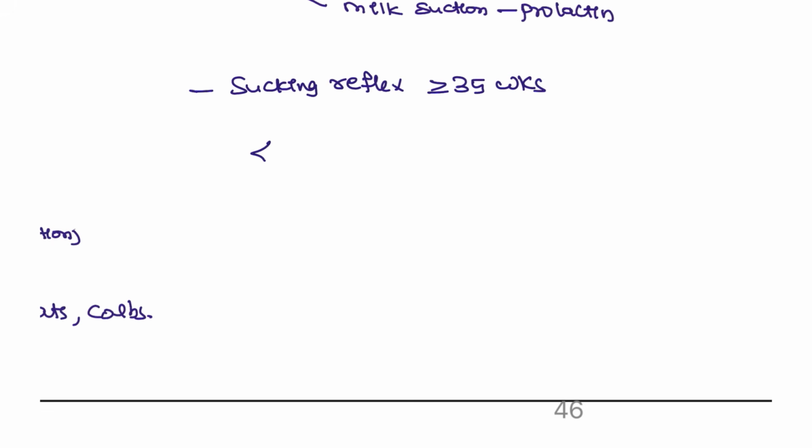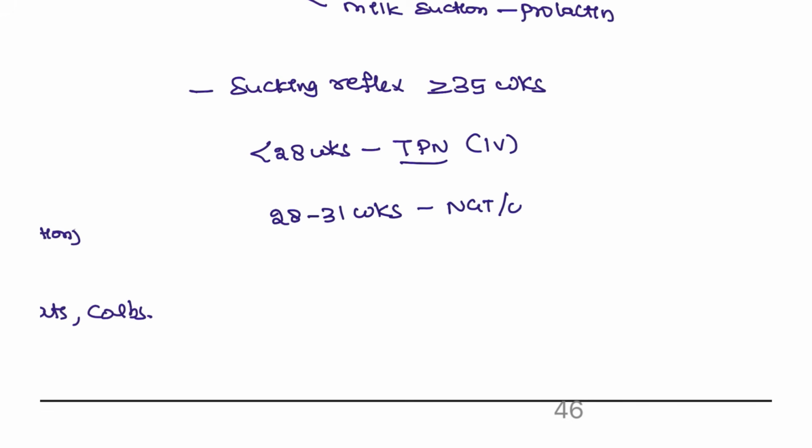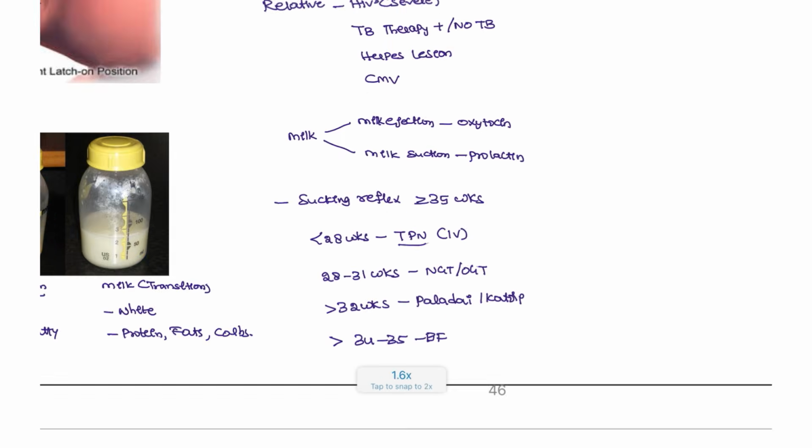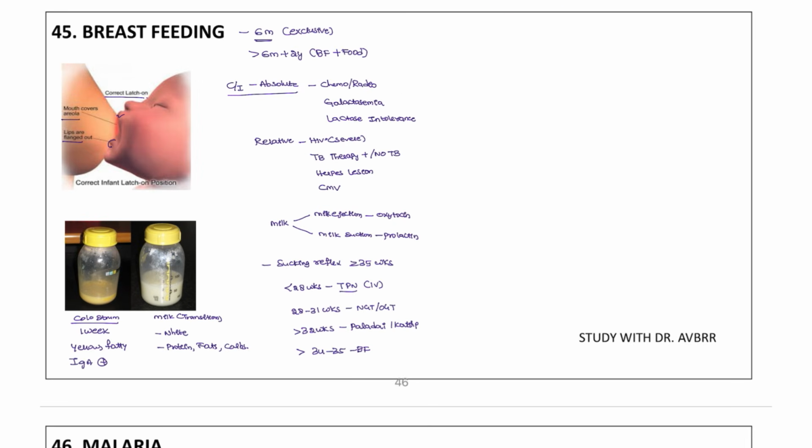So whoever is born at less than 28 weeks doesn't have the sucking reflex, so we are going to give total parenteral nutrition IV. 28 to 31 weeks, NGT or OGT feeding, and more than 32 weeks, paladai spoon, katori spoon. And whoever is 34 to 35 weeks, they can go for breastfeeding.